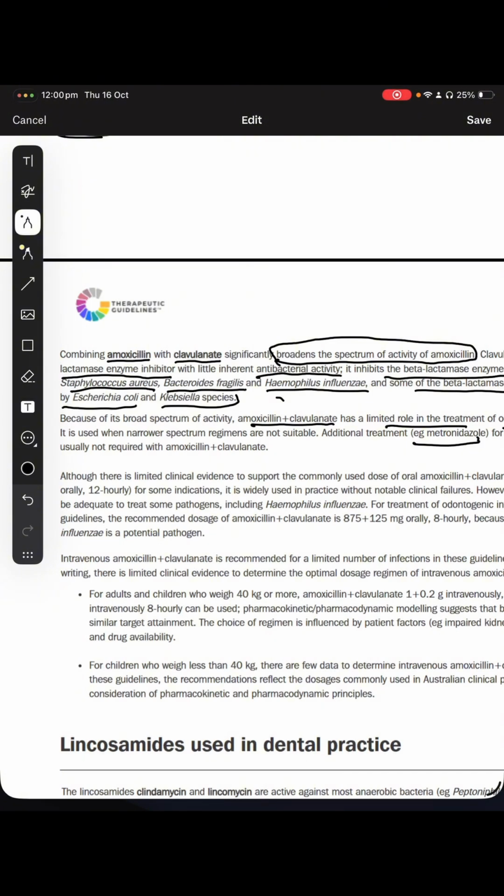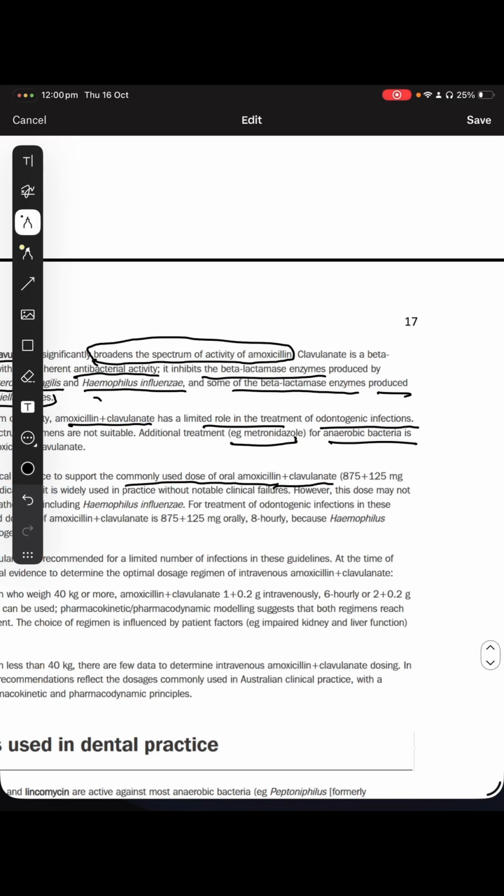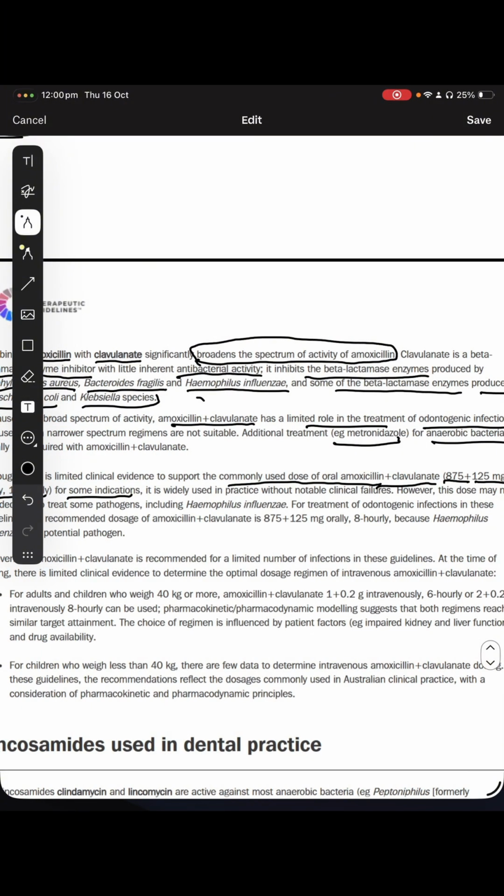Although there is limited clinical evidence to support the commonly used dose of oral amoxicillin plus clavulanate, which is 875 plus 125 milligram orally 12 hourly for some indications, it is widely used in practice without notable clinical failures.